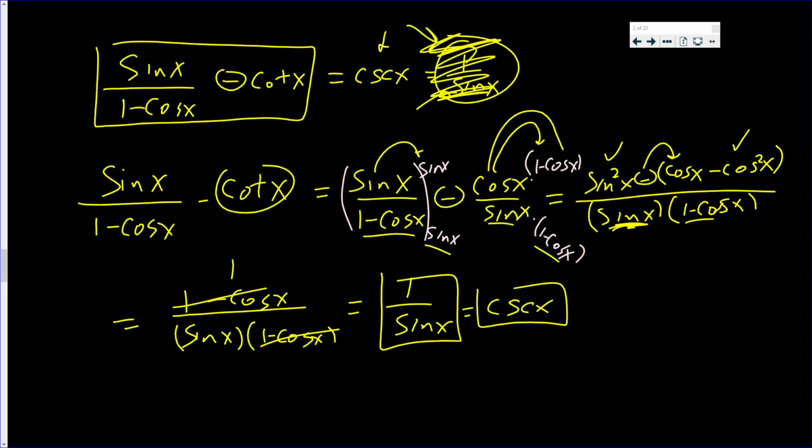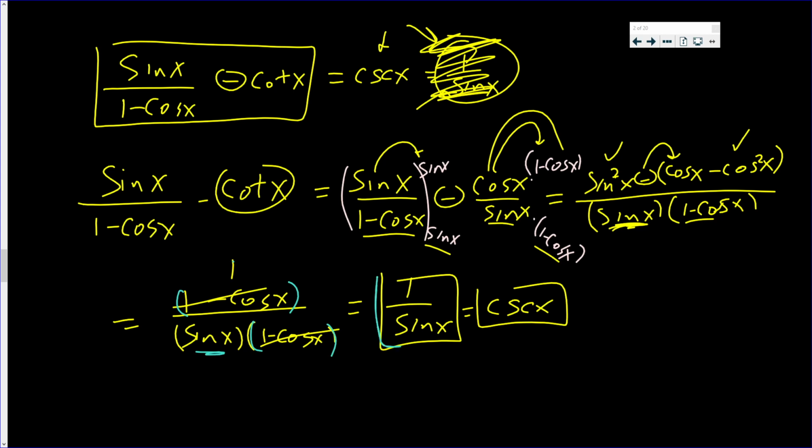Now, you have to be extremely clever to know to take the 1 over sine x and multiply by 1 that way. You're going to have to be amazingly clever. But that's what you would do.